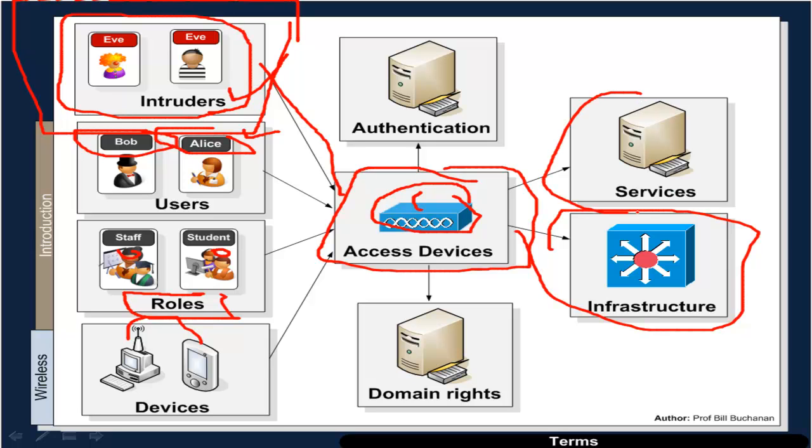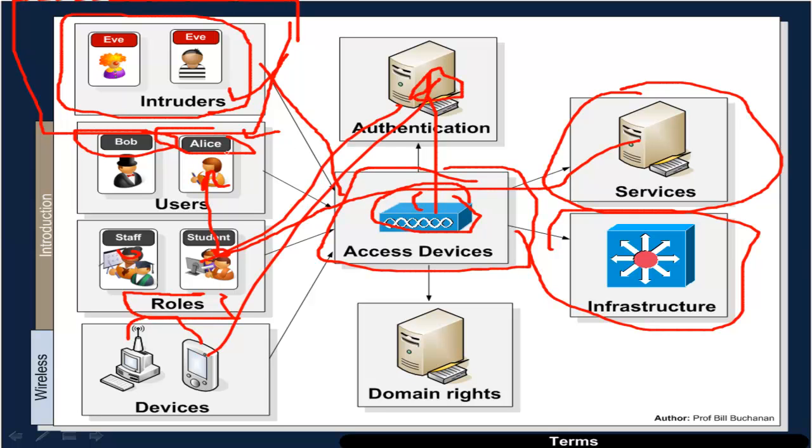We also have a range of services which are typically provided on a role-based basis. We can have an authentication infrastructure which we use to authenticate devices, roles, users, and so on. And we can also have domain rights to define what users and roles are allowed to implement on a system.